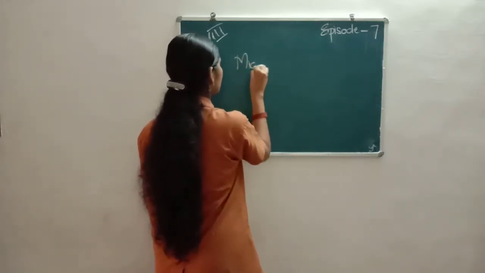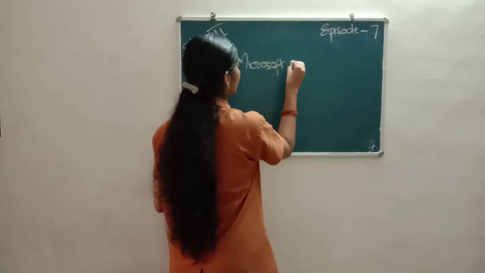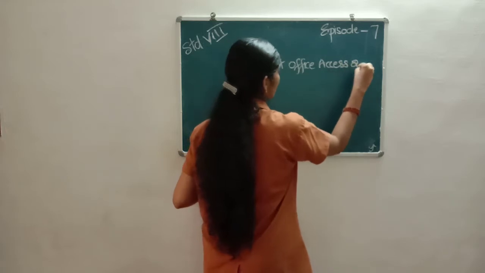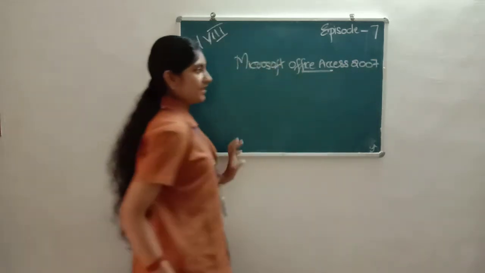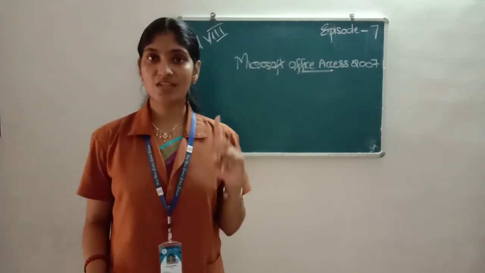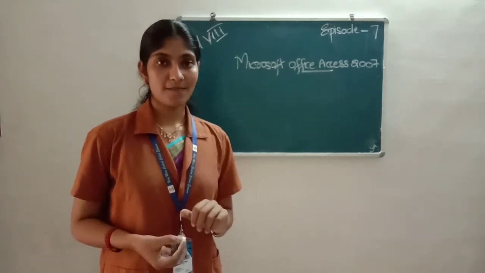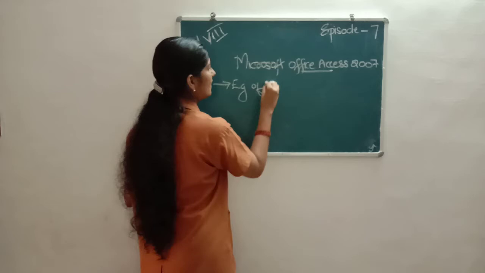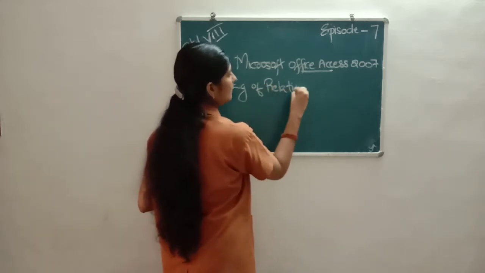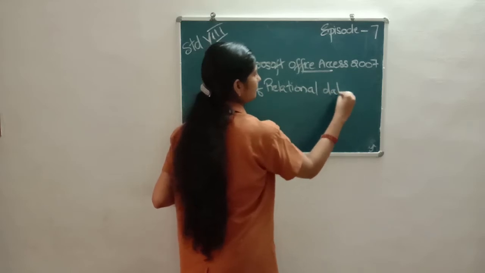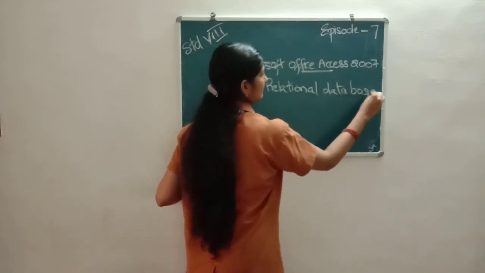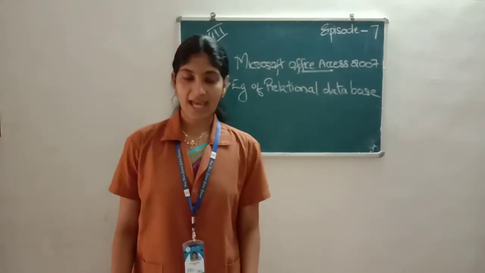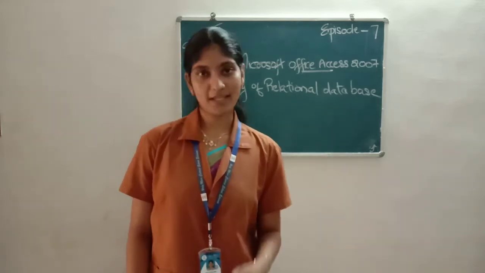Microsoft Office Access 2007. This application is an example of a relational database management system. It is developed by Microsoft.